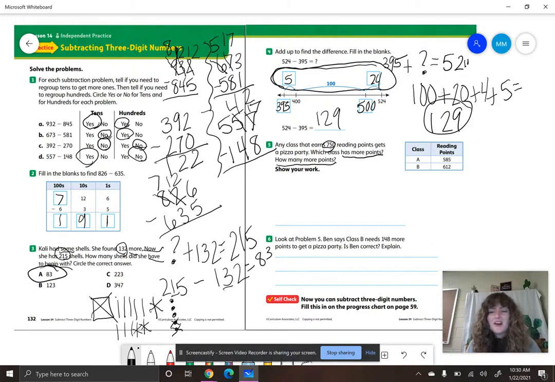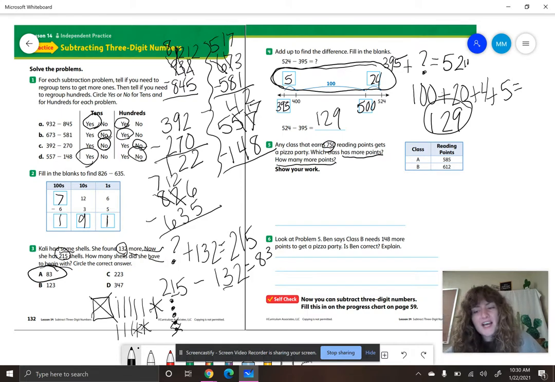Okay, so this one's kind of tricky. So any class can have a pizza party when they get to 750. Okay, we have 2 classes that we are comparing. Class A has 585 and Class B has 612. I want you to take 750 and put it out of your head.